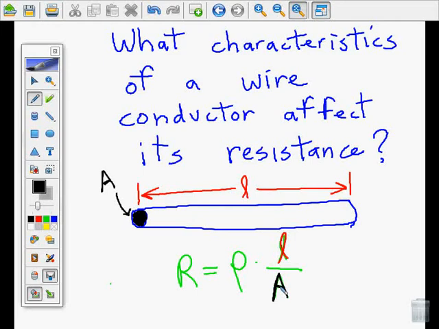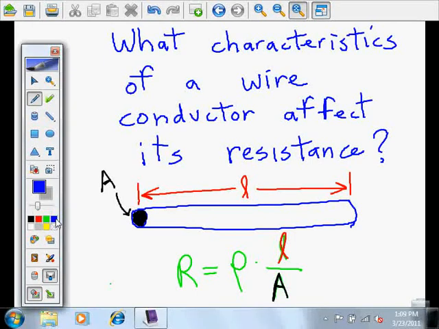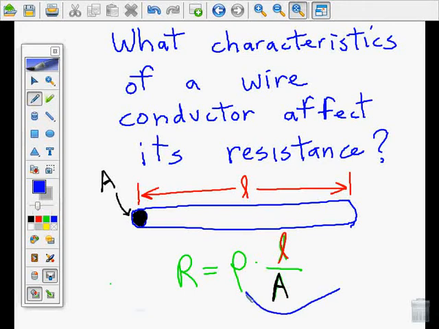I personally call rho the material number. Copper has its rho value. Gold has a rho value.